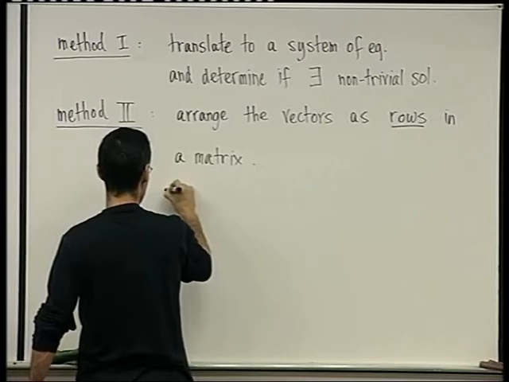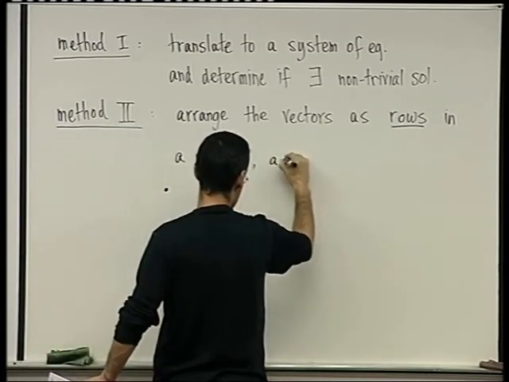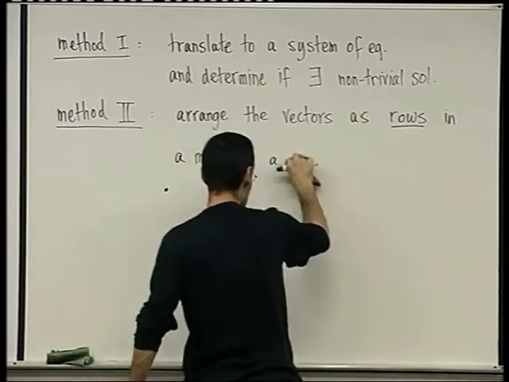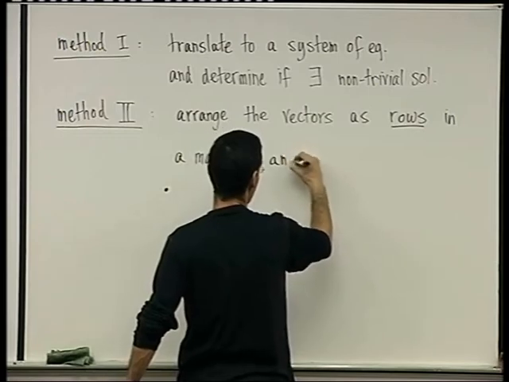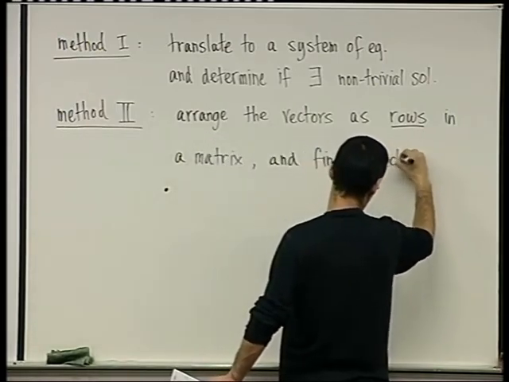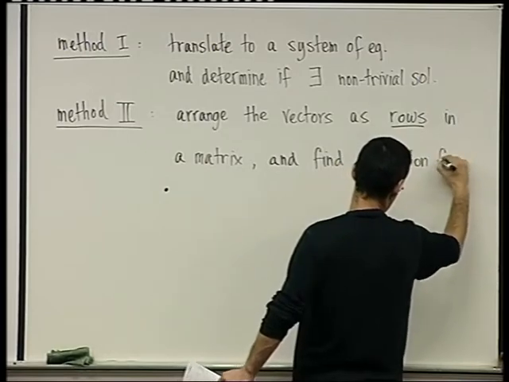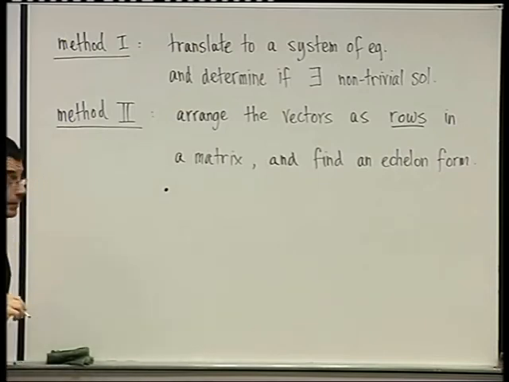And then there are going to be two situations. Arrange the vectors as rows in a matrix, and do row operations until you find an echelon form. Remember that it's not unique.